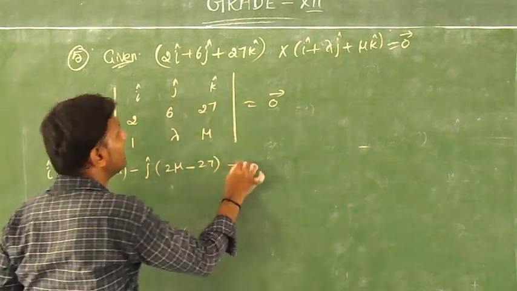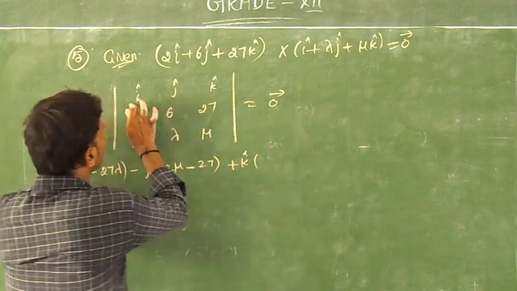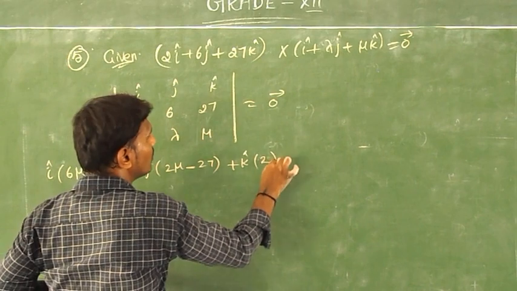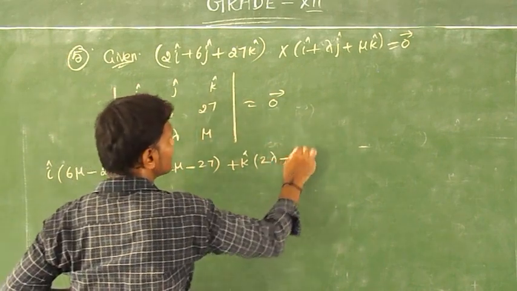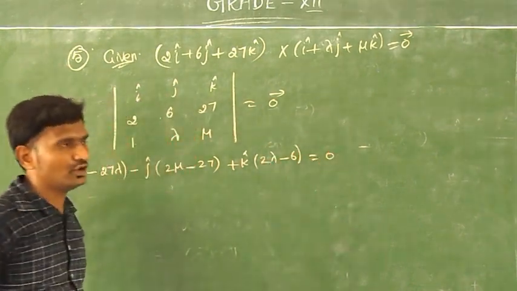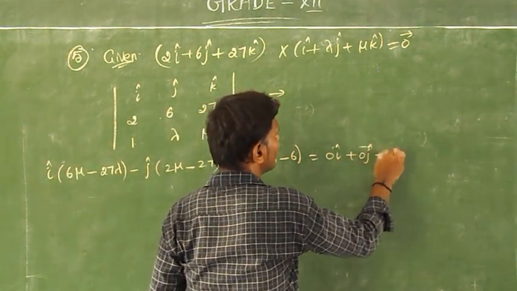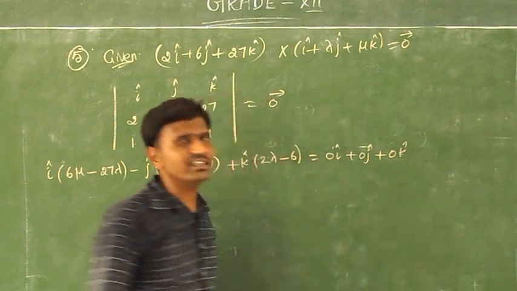Then finally plus k vector into, leaving that row and this column, 2 into lambda, 2 lambda, minus 1 into 6, 6, which is equal to 0. So 0 means 0 i vector plus 0 j vector plus 0 k vector, because it is a 0 vector.